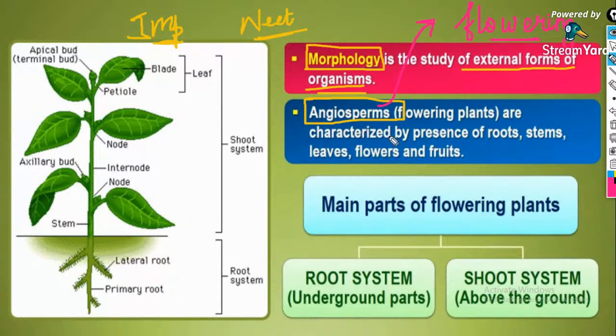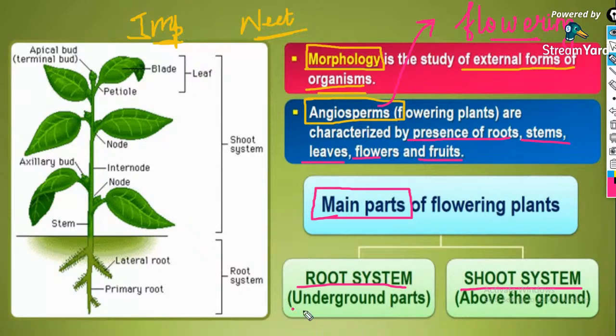Angiosperms are characterized by the presence of roots, stems, leaves, flowers, and fruit. There are mainly two parts of a flowering plant: the root system and the shoot system.